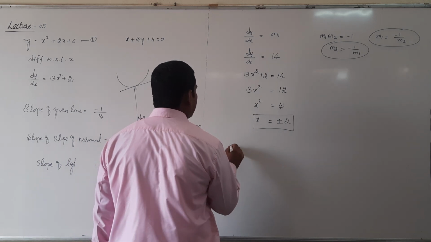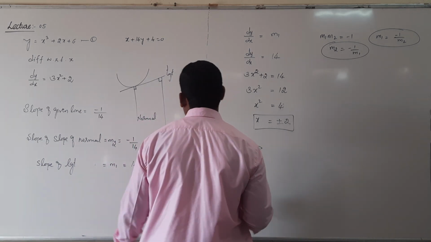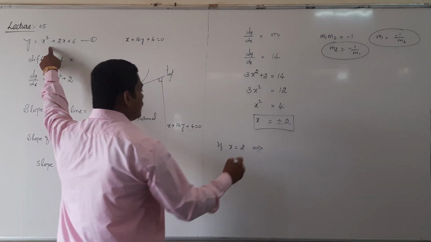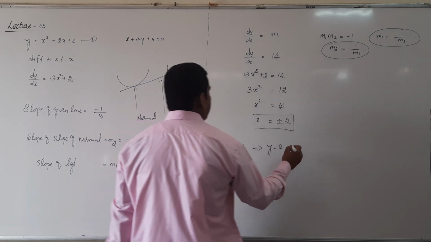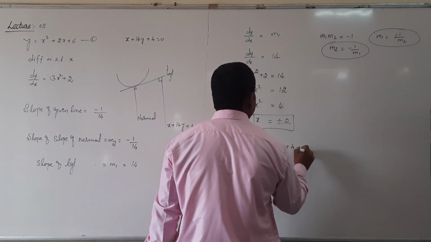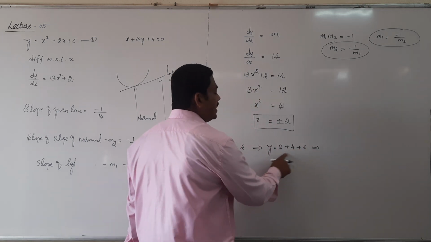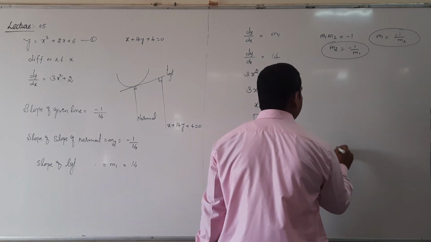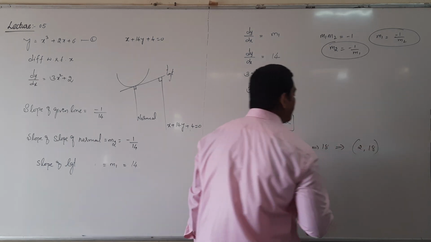If x equal to plus 2, then what is the y value? y is equal to 8 plus 4 plus 6, that is 18 only. So 2 comma 18 is one point.